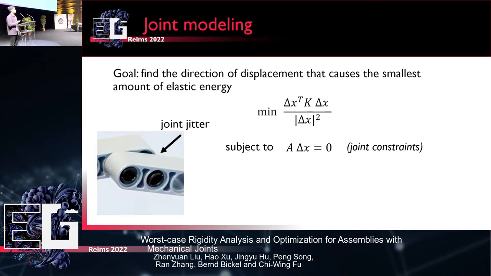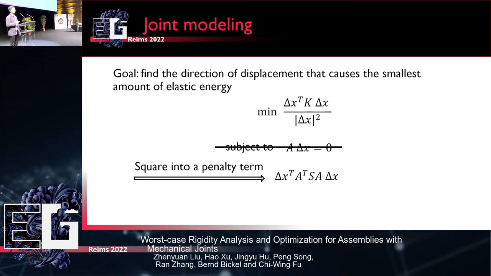In order to tackle this, we're going to change the hard constraint a little bit. We're going to make it into an energy penalty, a soft constraint. The way we do it is we square it into a quadratic function of the nodal displacement. In between, we can also add this matrix S to control the weights for each degree of freedom. You can imagine that if the corresponding weight is very large, approaching infinity, the corresponding constraint would act as a hard constraint, totally ruled out from the solution space.